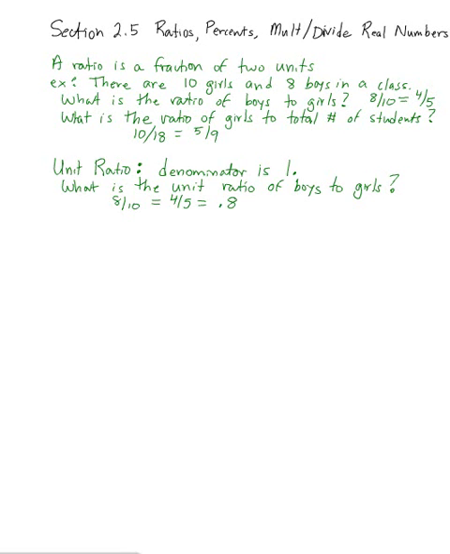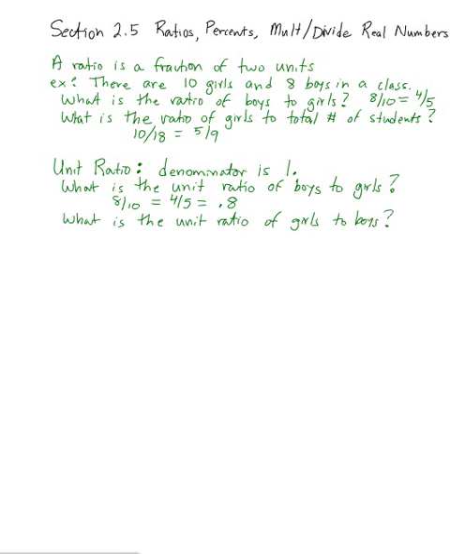Let's do one more. Sometimes your decimal will turn out to be bigger than 1 also. For example, I might ask, what is the unit ratio of girls to boys?